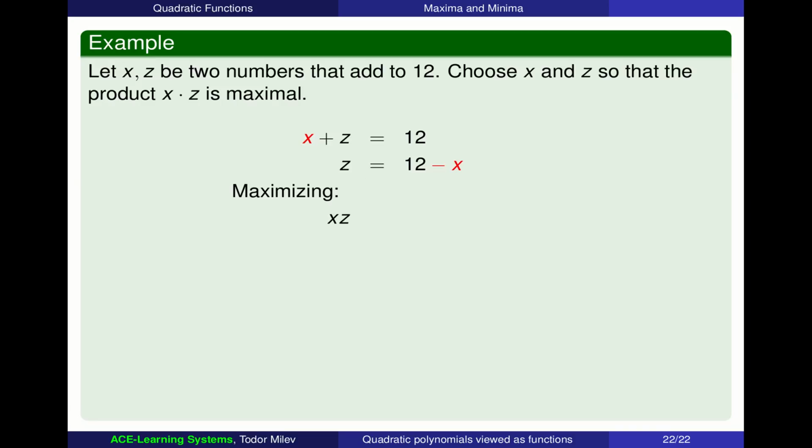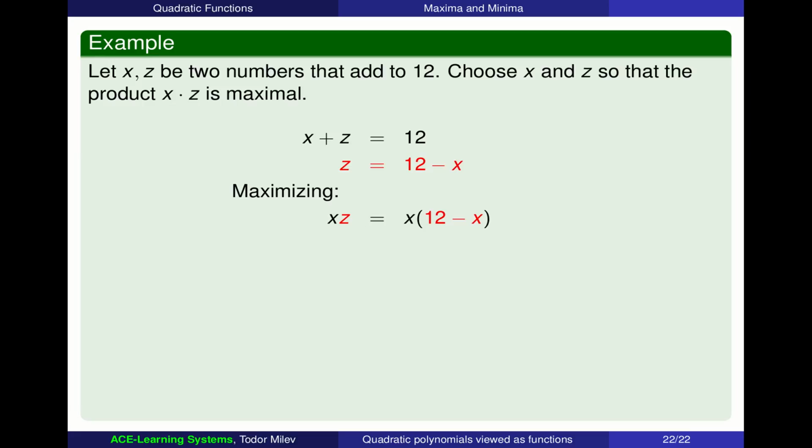In this way, I have eliminated z. I have boiled down the expression to an expression which depends solely on x, right? Because z must be replaced with 12 minus x. So I'm trying to maximize x times z, but since z is 12 minus x, I'm actually trying to maximize x times 12 minus x.